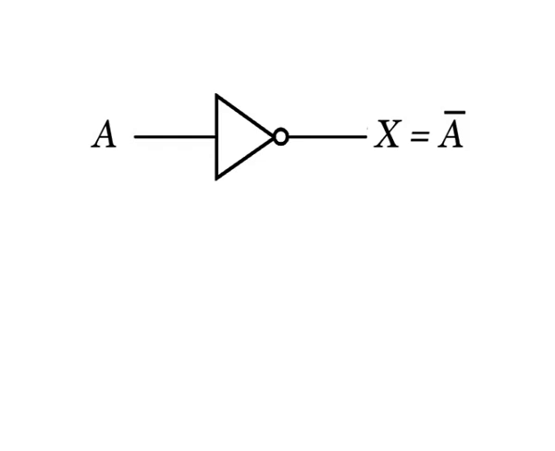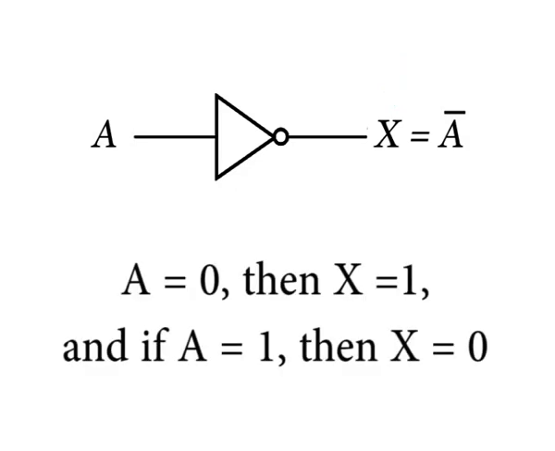If the input variable is called A and the output variable is called x, then x is equal to A bar. This expression states that the output is the complement of the input. So, if A is equal to 0, then x is equal to 1 and if A is equal to 1, then x is equal to 0. The complemented variable can be read as A bar or not A.